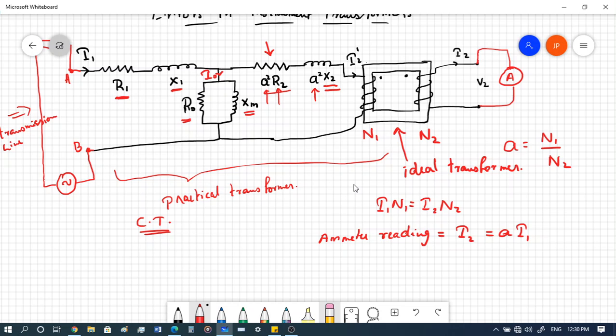But in this circuit that is not actually true, because I1 is over here.